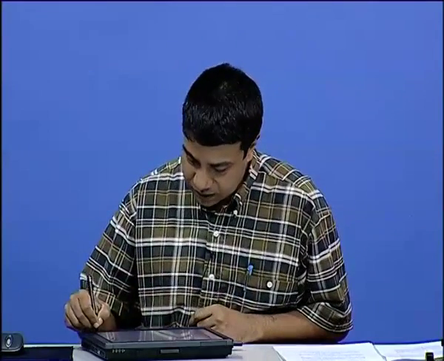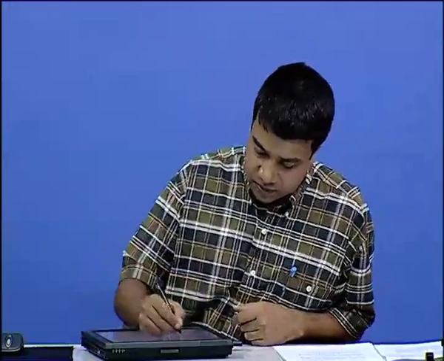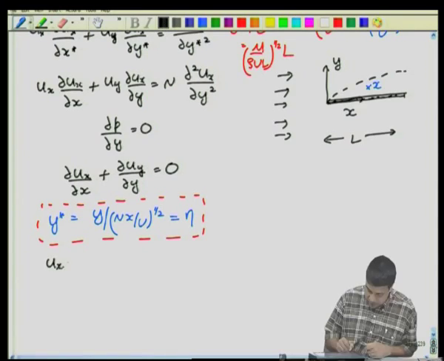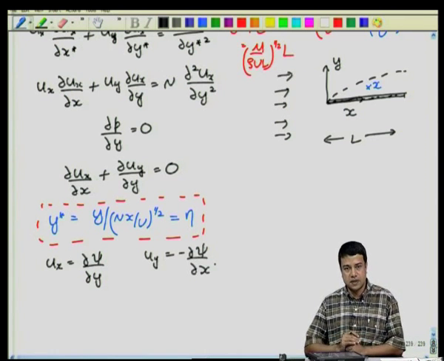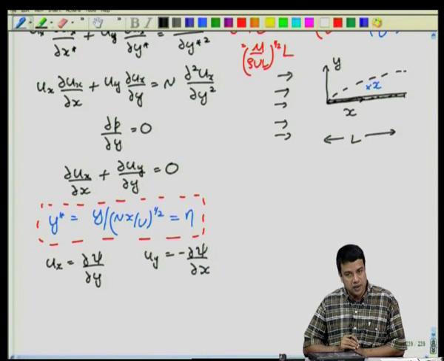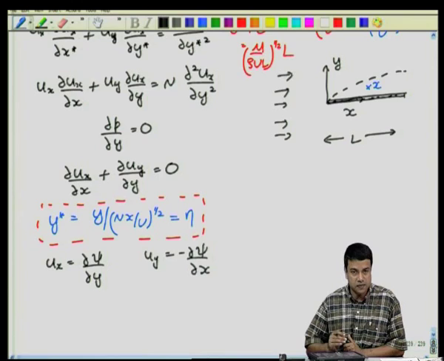So, I will use the stream function formulation: u x is equal to partial psi by partial y and u y is equal to minus partial psi by partial x, where psi is the stream function, and both x and y will now be expressed in terms of eta through this similarity transform.